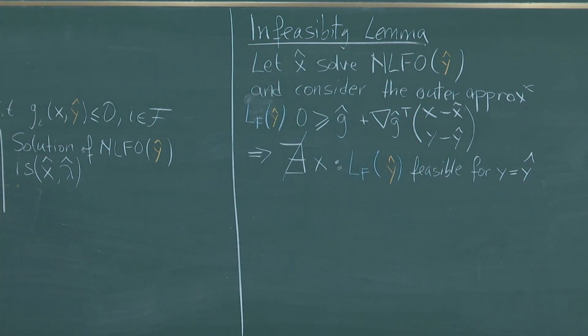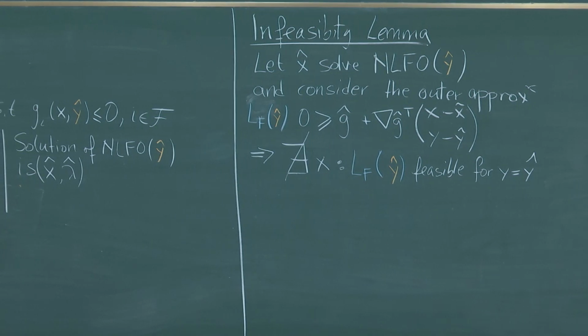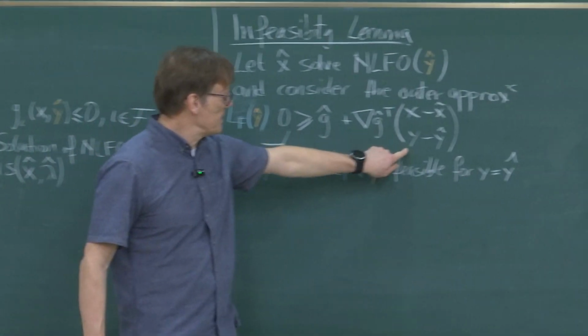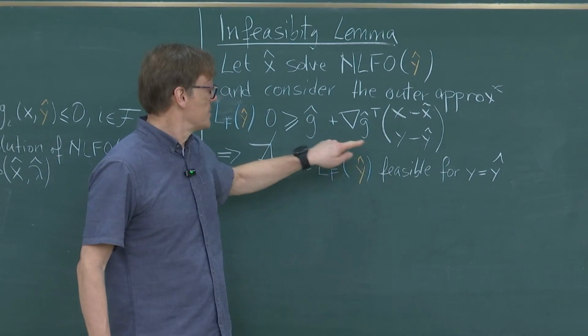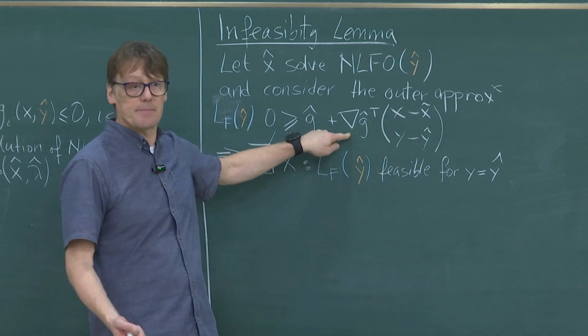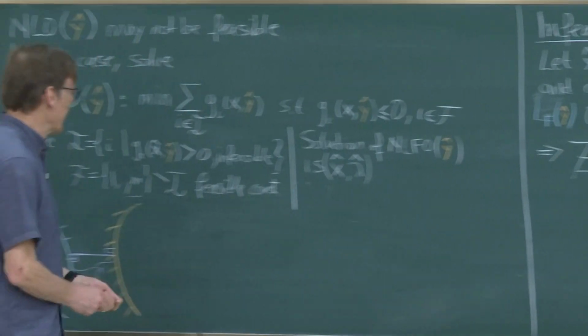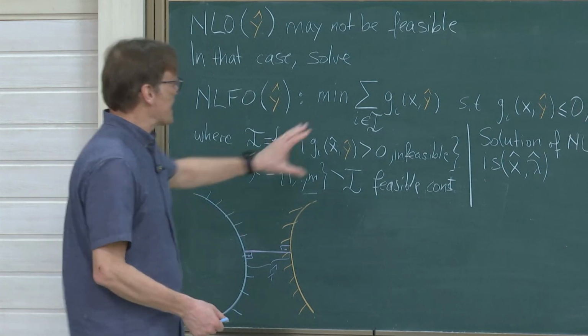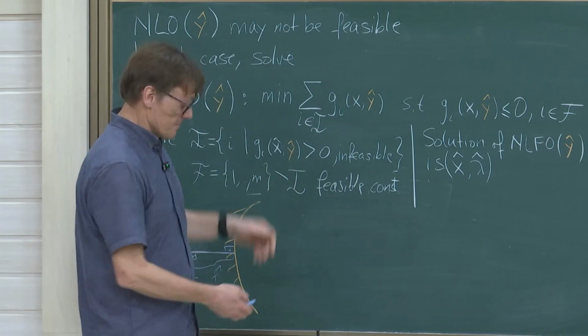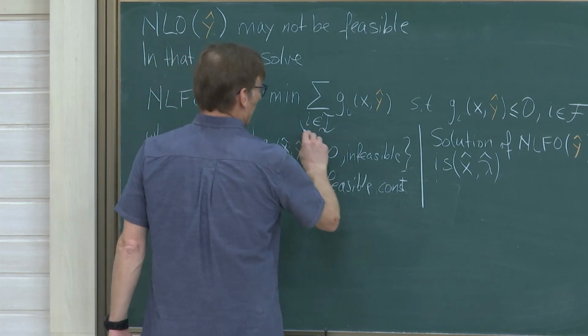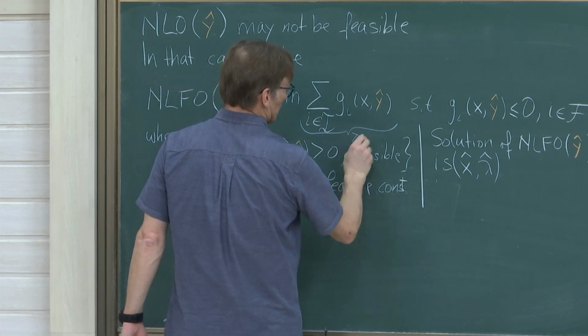And the way you prove it is very similar to what we did in the other part. So you plug y equals y hat into here, and then the second term will disappear. So you now only need to look at the gradients with respect to x. And then you use the fact that you solve this problem to optimality. You now have a different KKT condition, but these terms here, very important, are strictly positive.